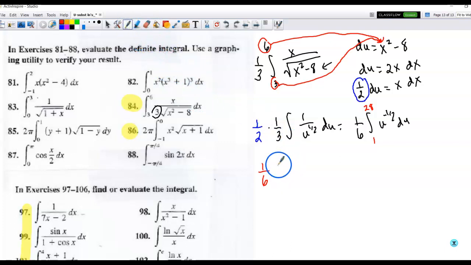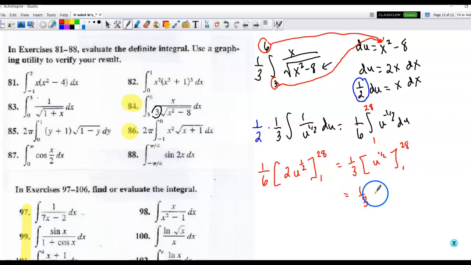Anti-differentiating is going to give me 2u to the 1/2 power from 1 to 28. I'm going to go ahead and simplify the 2 and the 6 and get that out of my way and make it 1/3 of u to the 1/2, which is square root, from 1 to 28.